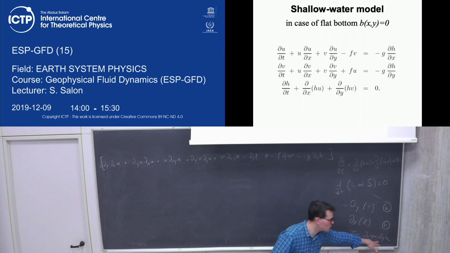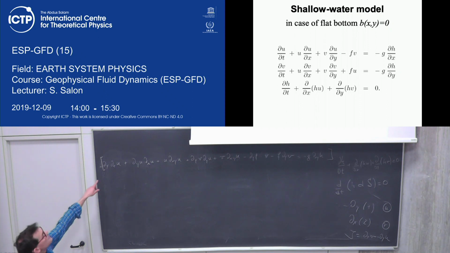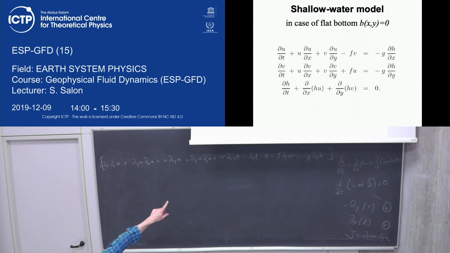So we want to calculate the evolution of the vorticity. Since we have here the evolution of the two components of velocity, we just compute their partial derivatives in x and y, in order to have all the terms.